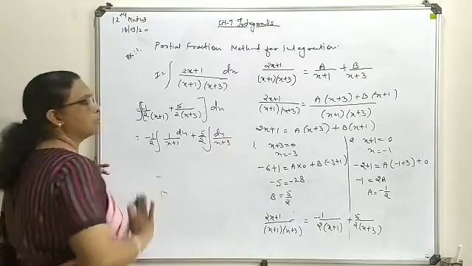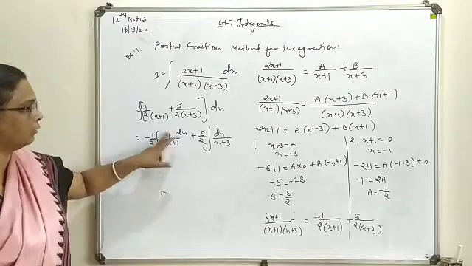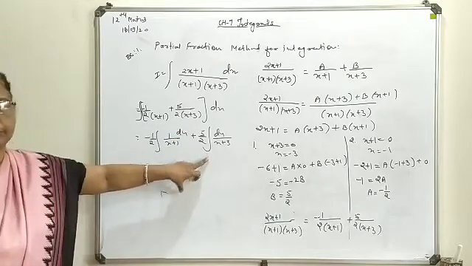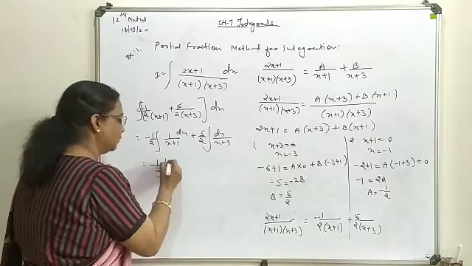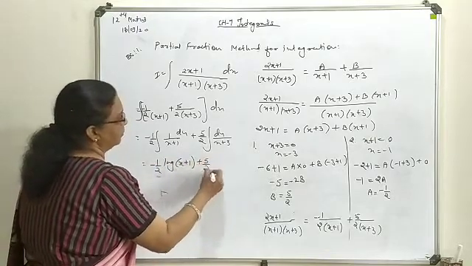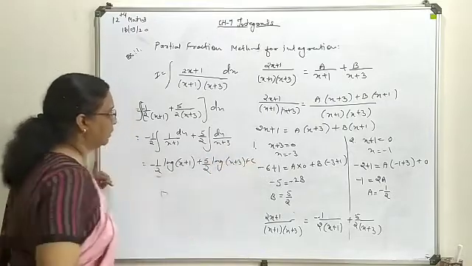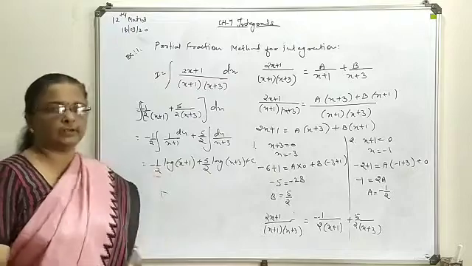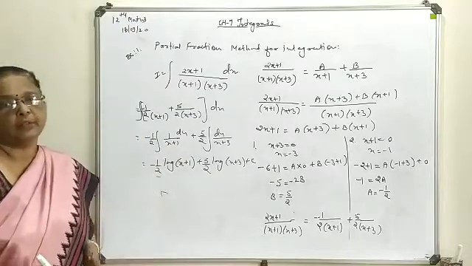So these two terms are available for individual integration. Now 1 upon x forms are available for both the cases, so its integration will be minus 1 upon 2 log of x plus 1 plus 5 upon 2 log of x plus 3, and here one constant you can add. So this is the final answer form you will have for this type of combination.